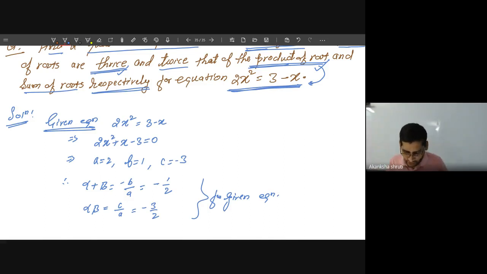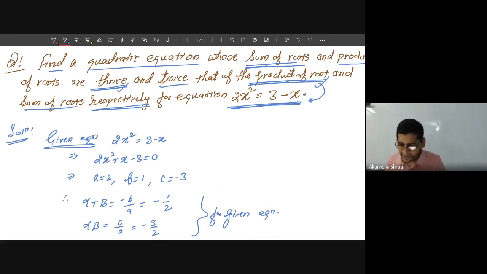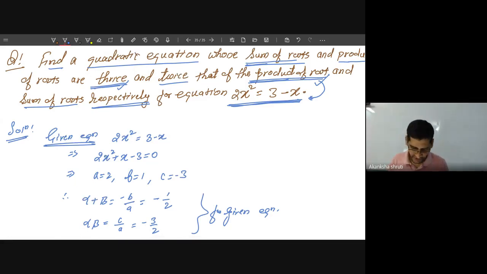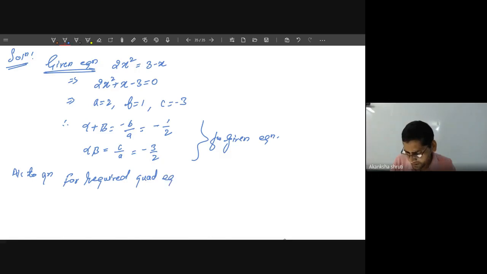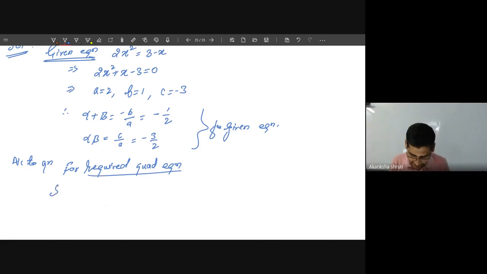Now for the required equation, we have to get the sum of roots and the product of roots, according to the question. For the new quadratic equation, what is the condition given?